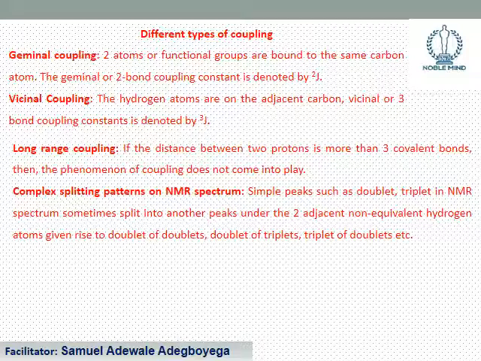There is also what we call complex splitting pattern. Simple peaks, such as doublets or triplets, may also split into other peaks, and that will be called doublet of doublet, doublet of triplet, and so on.